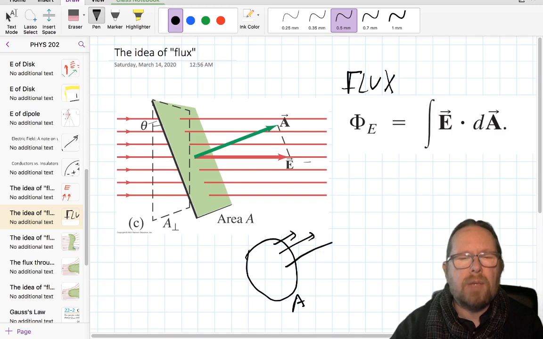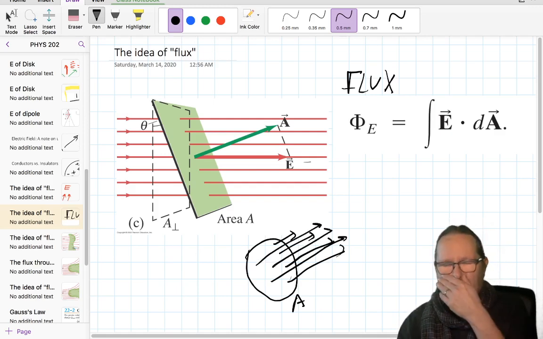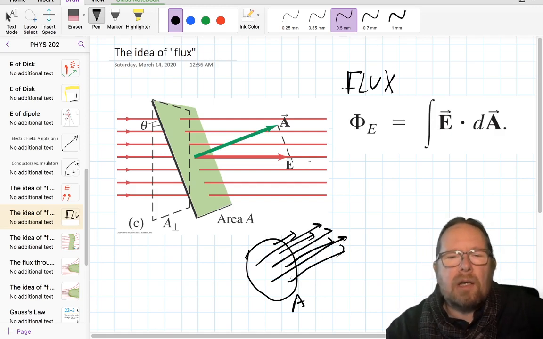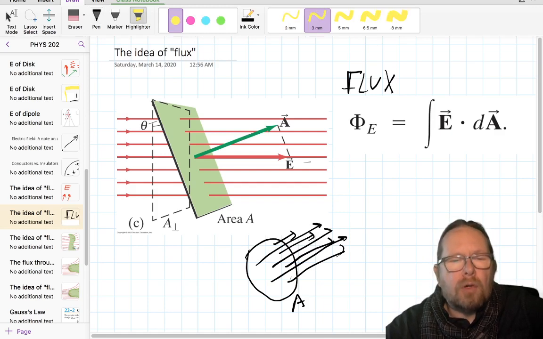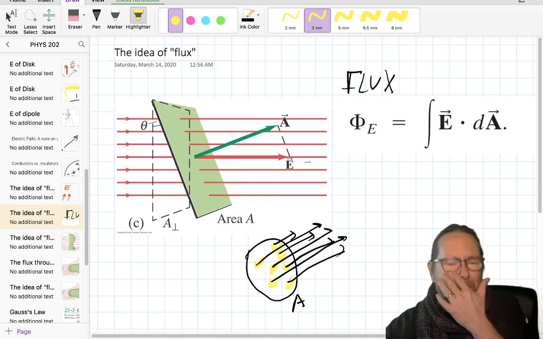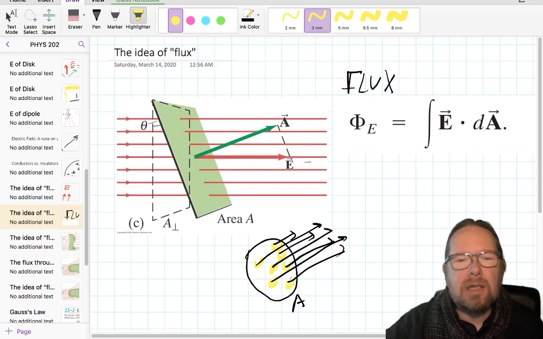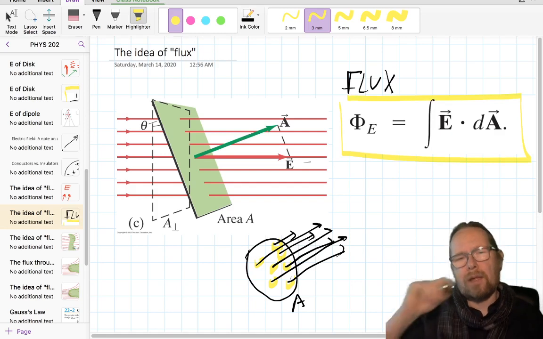The electric field is bigger on parts of that surface than others, in which case it's not a simple matter of multiplying the electric field times the area. You have to integrate the contributions of the electric field over each little element of the area. So the complete technical definition of flux is that flux is the integral of the electric field over the area.